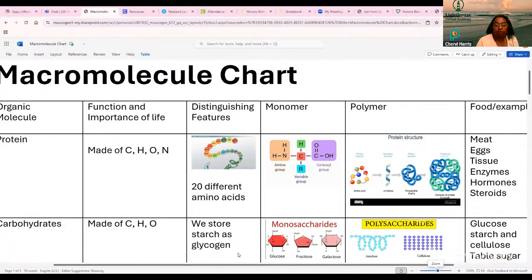All right, we're going to look at carbohydrates next. I want to give everybody a chance to finish the Nearpod. I'll stop sharing so I can see where it is.